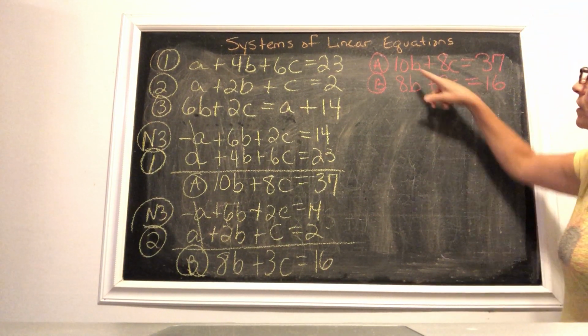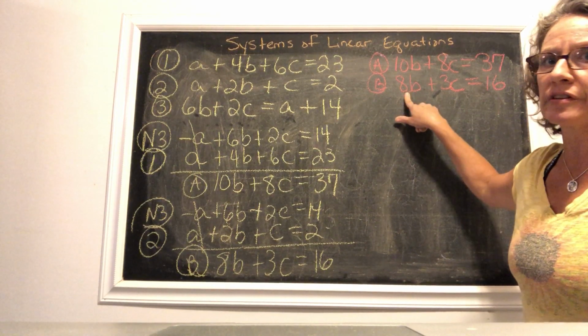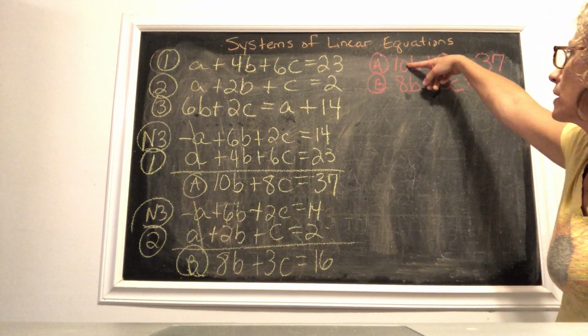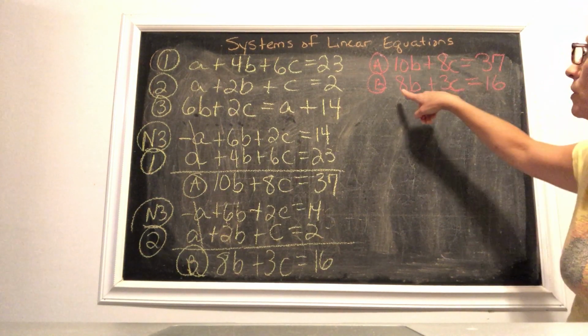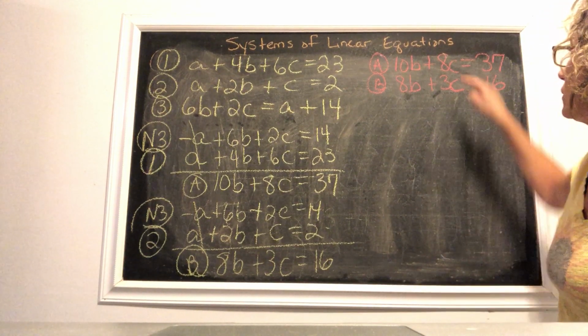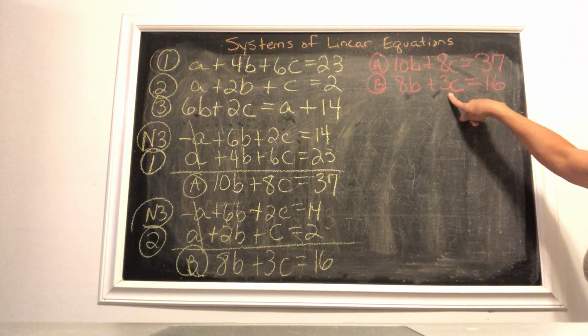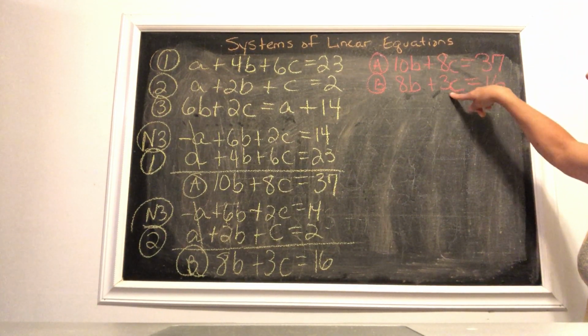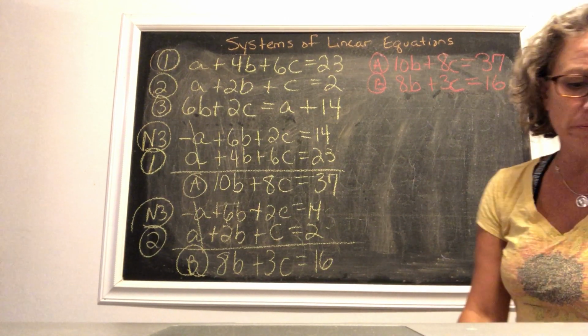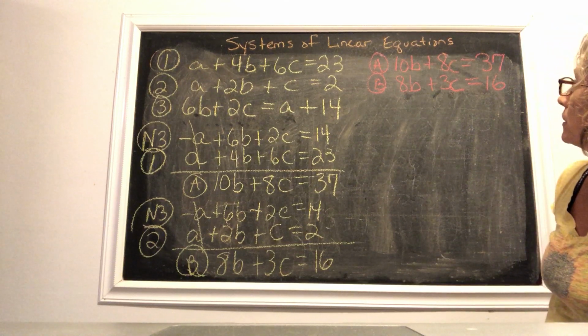Okay, so I could look at these coefficients and think 80. Multiply this one by 8 the whole way through. Multiply this by negative 10 the whole way through. Or I could look at these two coefficients and think, oh, I could do 24 because that's the least common multiple of both 8 and 3.